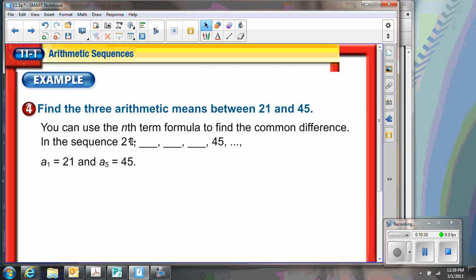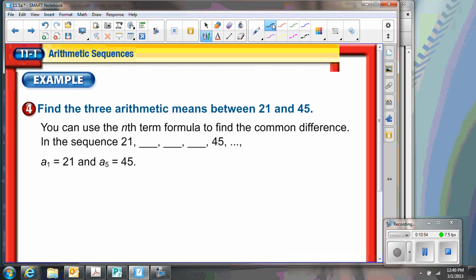So I split it up: 21 as my first number, blank, blank, blank, 45. There has to be three of these numbers in between. Now, what that tells me is the first number is 21, the fifth number is 45.